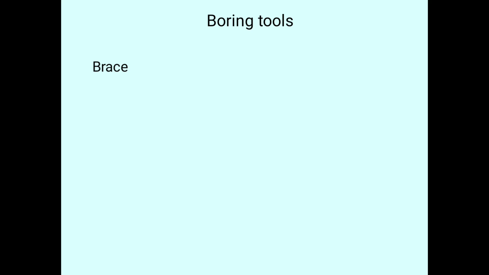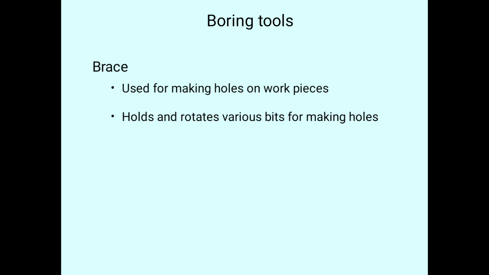The third one is the brace. This brace is used for making holes in wooden workpieces. It holds and rotates various bits for making holes. How do we operate this brace?